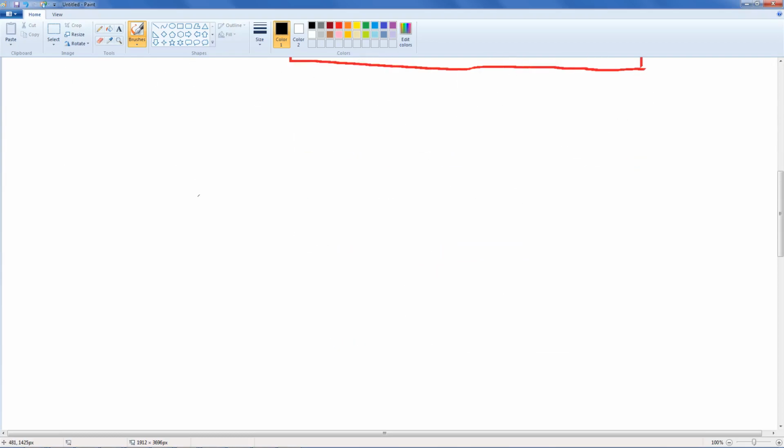Let's try one more. Suppose we want to find the derivative of ln x, right? So what is the derivative of ln x? Well, ln x is actually the inverse function of e to the x, as you might know.